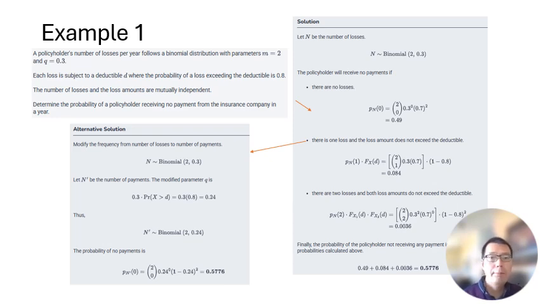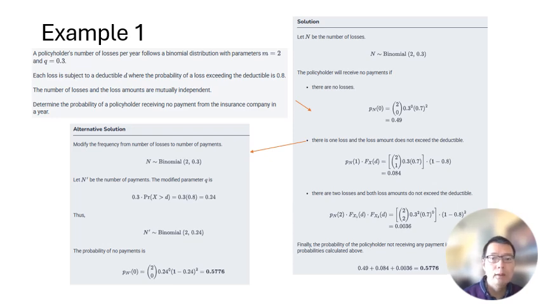So let N be the number of losses, then N follows binomial distribution with parameter 2 and 0.3. The policyholder will receive no payment if there are no losses. With the binomial distribution, we can get the Pn0 to be 0.49 using the formula.